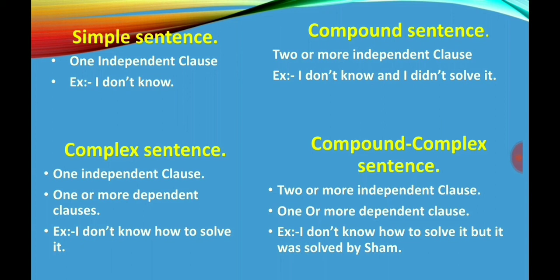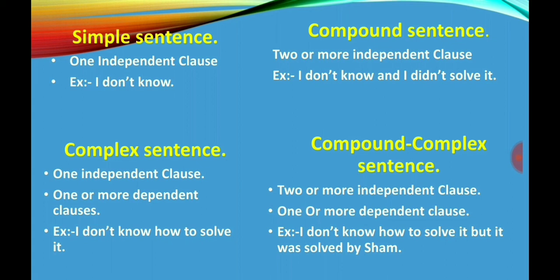In the complex sentence, one independent clause, one or more dependent clauses. For example, I don't know how to solve it. Here, I don't know is one independent clause, and how to solve it is a dependent clause. Next, compound complex sentence.